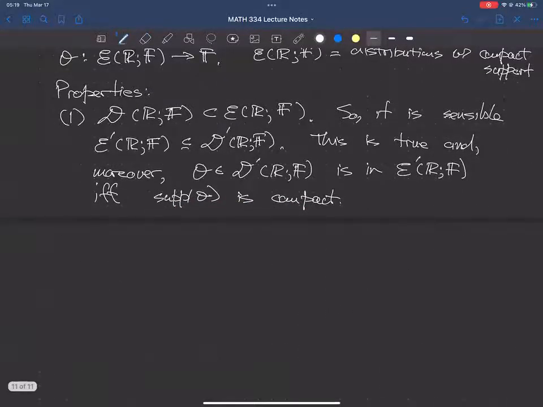Now, again, let's have this exercise of trying to figure out what are the conditions on an ordinary signal f so that theta f will be in E prime.